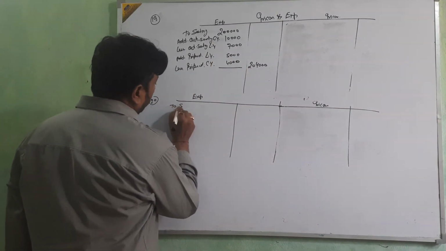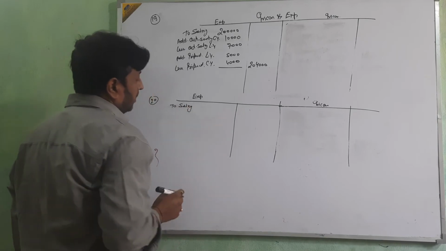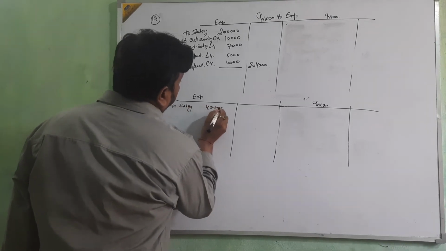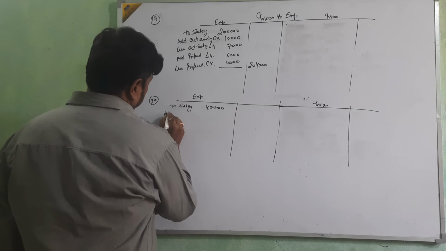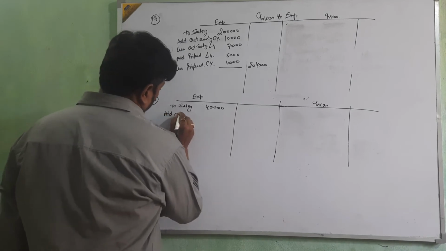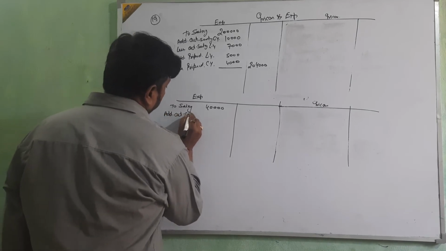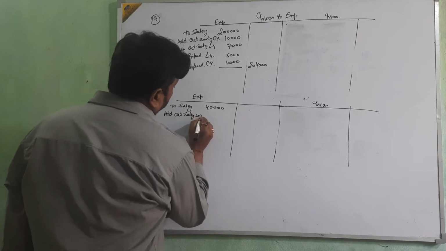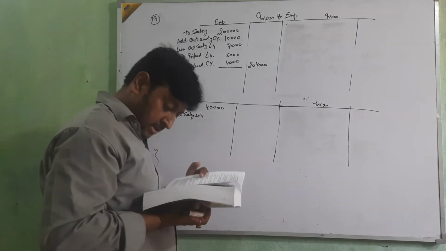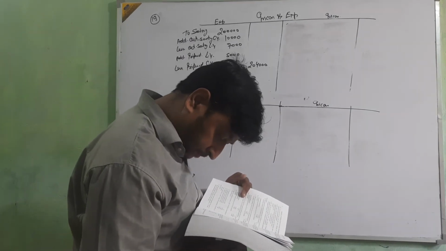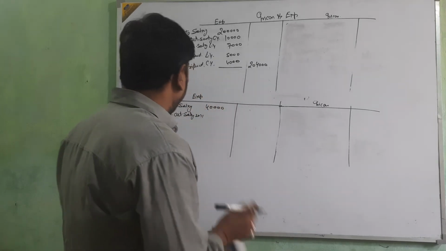First to salary 40,000, then add outstanding salary for 2021. Okay, that will be current year 4,500.